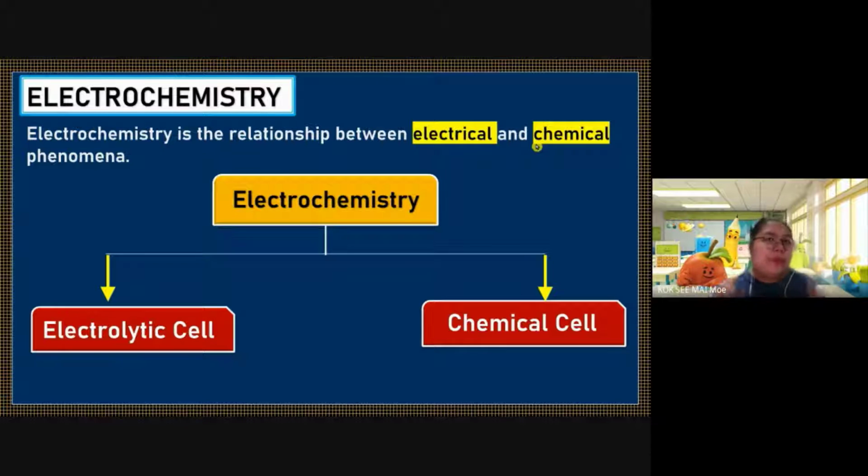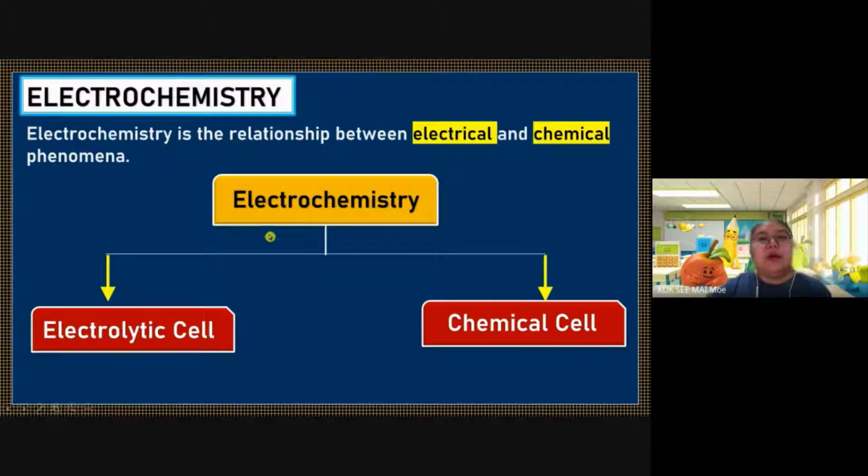You can see the bulb light up. That means chemical energy becomes electrical energy. Electrical to chemical, everybody knows; just now I showed you that when you join the battery, the ions start to move. But the reverse, chemical producing electrical, you can also try. By using the lemon, you can produce electricity.